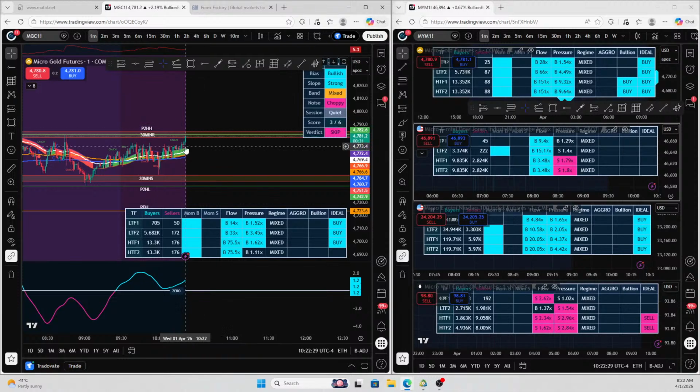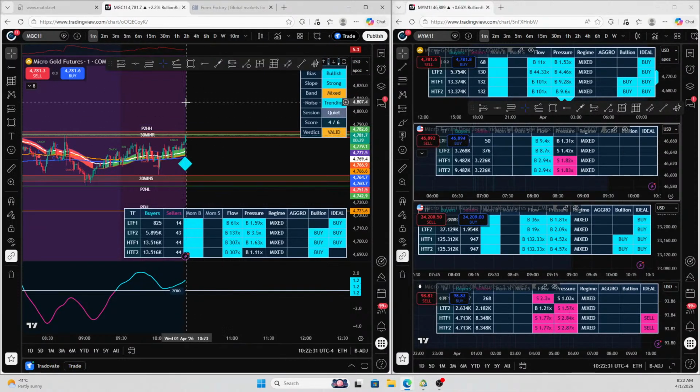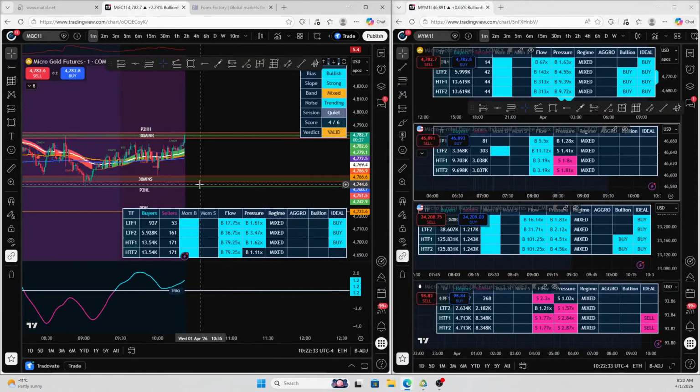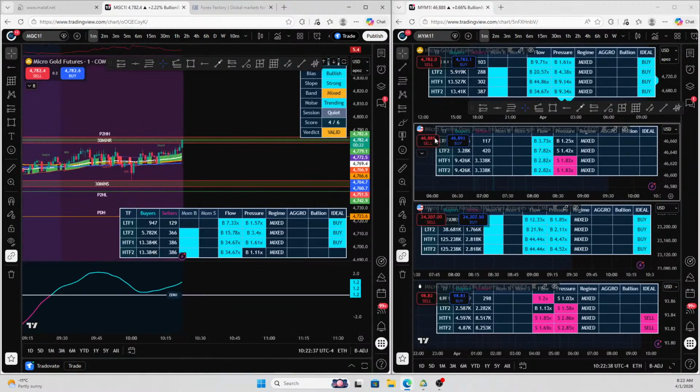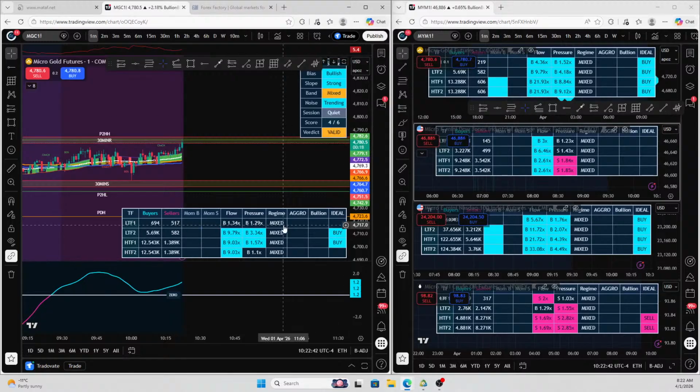Okay, so we're seeing volume coming in. Price is trying to break the level with volume. Yep, volume is starting to come in. Let's see if we can break this level.